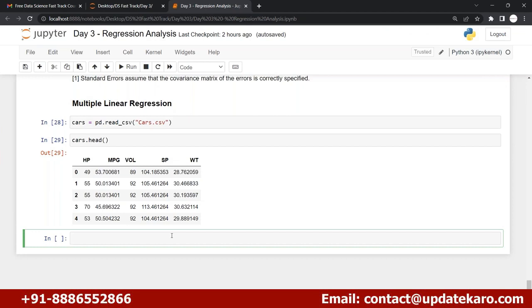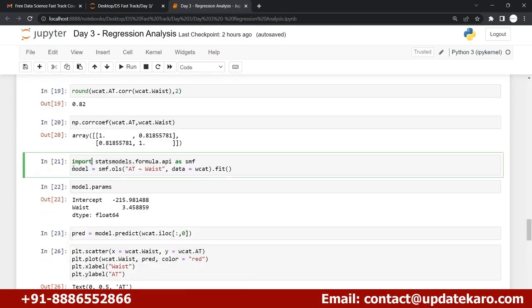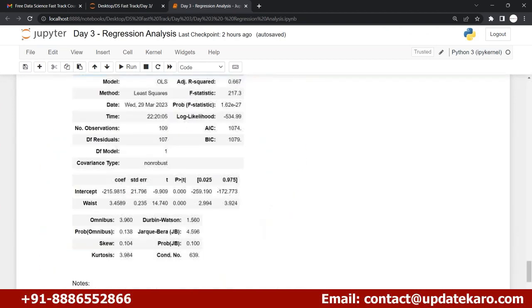You can go with multiple different things, but in simple words, as we created the model like this, we are using the same thing to create the model over here as well.